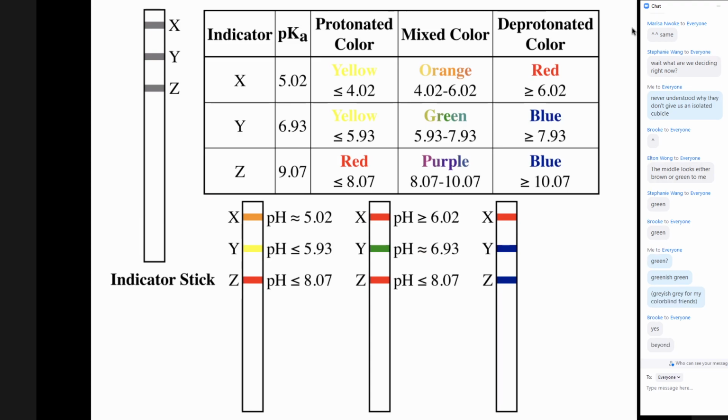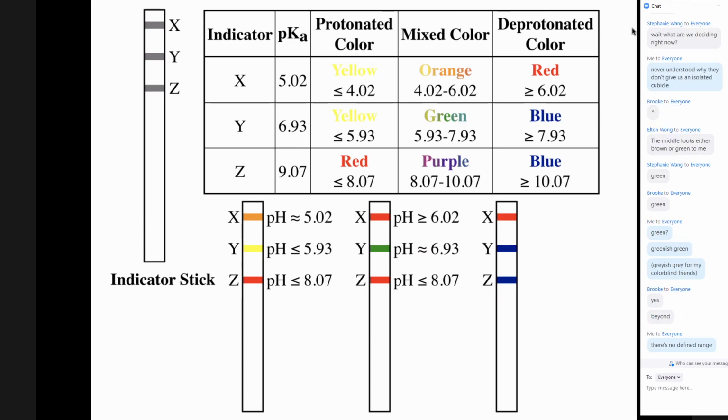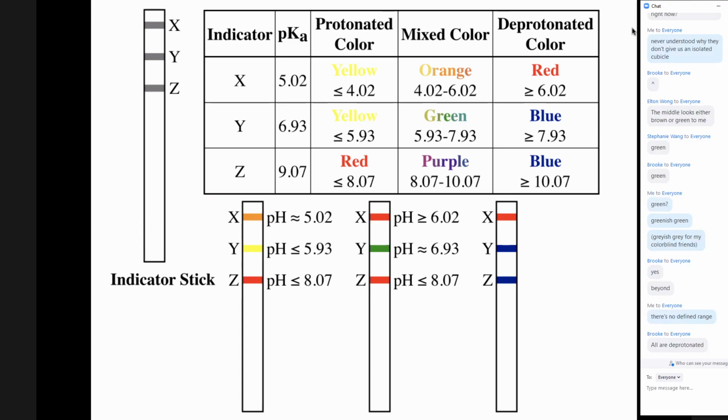How do you know it's beyond, Brooke? What makes you say that? There's no secondary color. Everything's a primary color. So it's above 6, above 8, and above 10, basically.